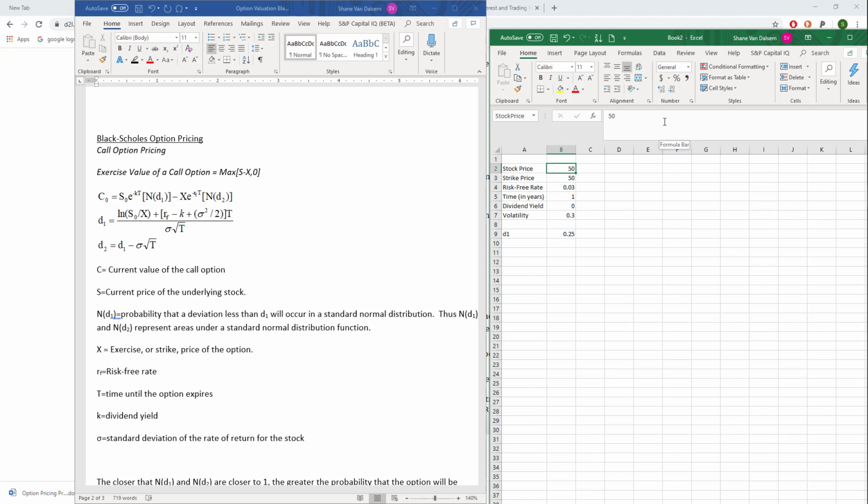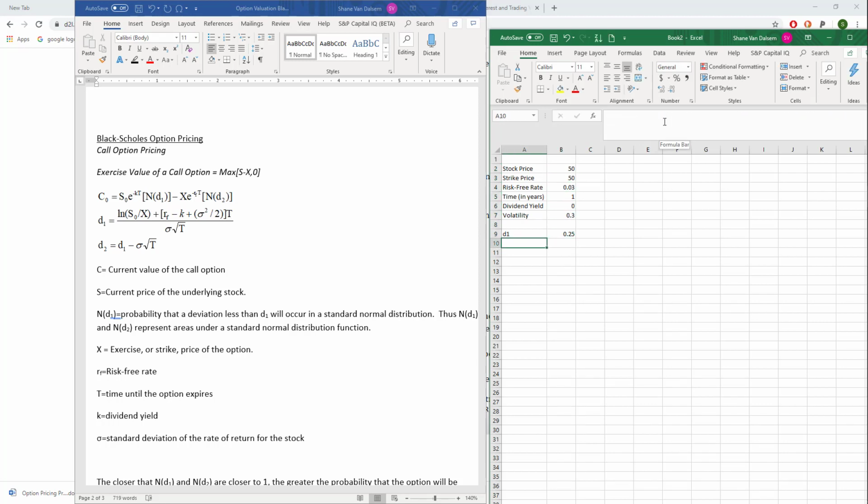It just means that the value of the call option would be smaller. So my stock price, let's say it's 30 instead of 40. See, it's very negative in this case. Okay. And as we get closer and closer to being in the money, we get more positive. So we've got our at the money option right there.